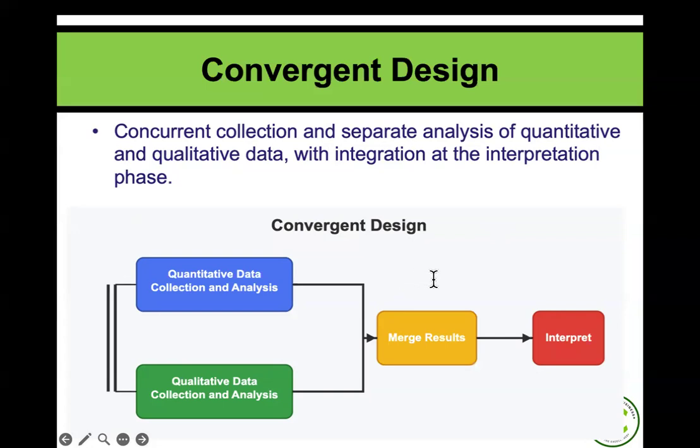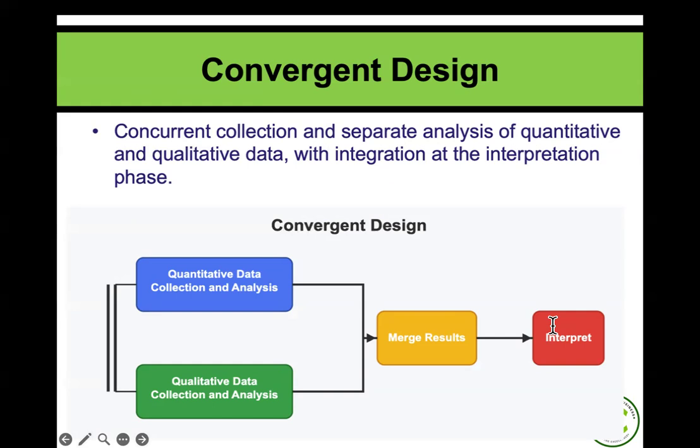In a convergent design, quantitative and qualitative data are collected during the same phase of the research. This doesn't necessarily mean on the same day or the same time. This concurrent approach is very efficient, and particularly valuable when you have limited time for field work or when you need to capture both types of data about the phenomenon whilst it's occurring. So you must do it, otherwise you will lose the opportunity to capture it.